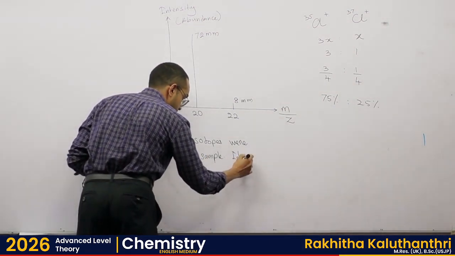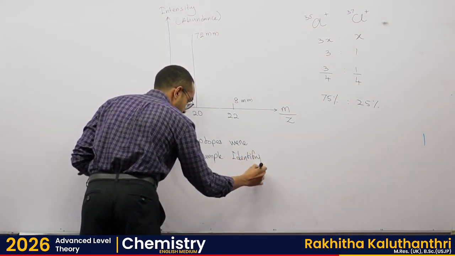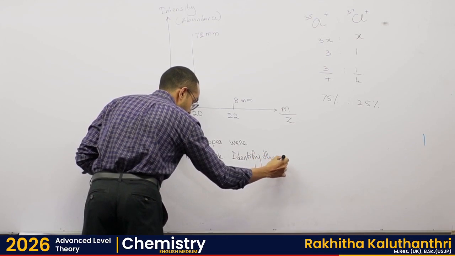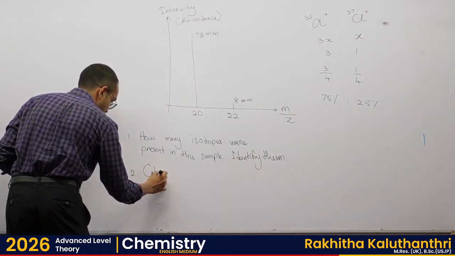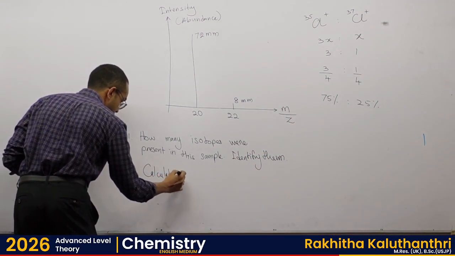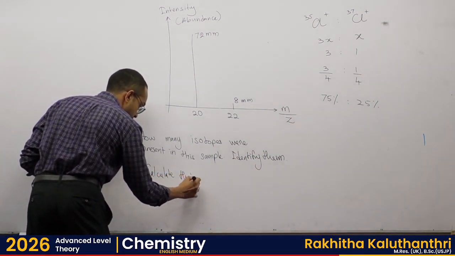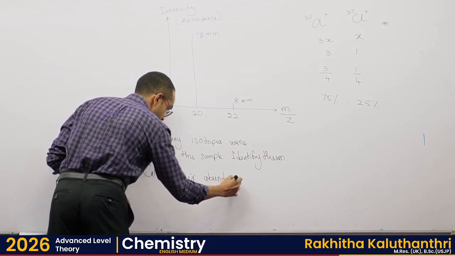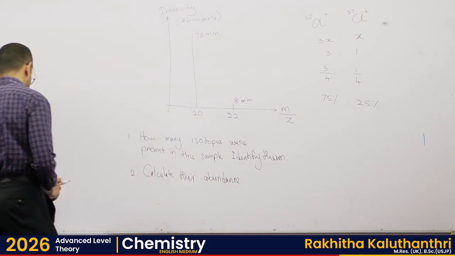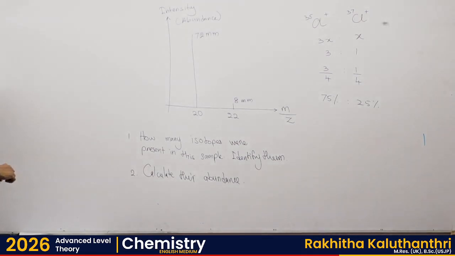Identify them. Calculate their abundance. Those are the two questions. Do them.